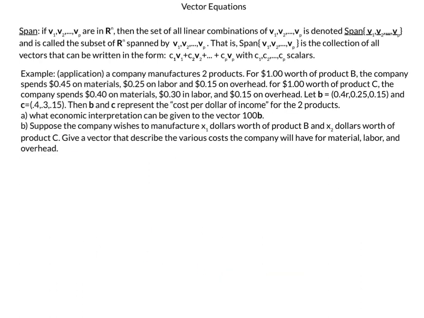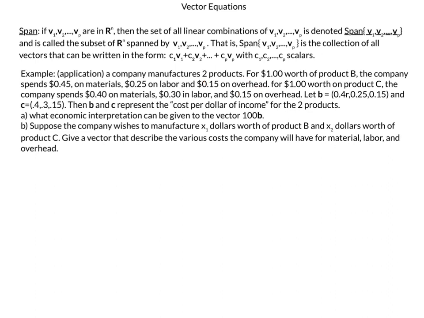Another example in your book, this is supposed to be an example of an application. A company manufactures two products. For $1 worth of product B, the company spends 45 cents on materials, 25 cents on labor, and 15 cents on overhead. For $1 worth of product C, the company spends 40 cents on materials, 30 cents on labor, and 15 cents on overhead.